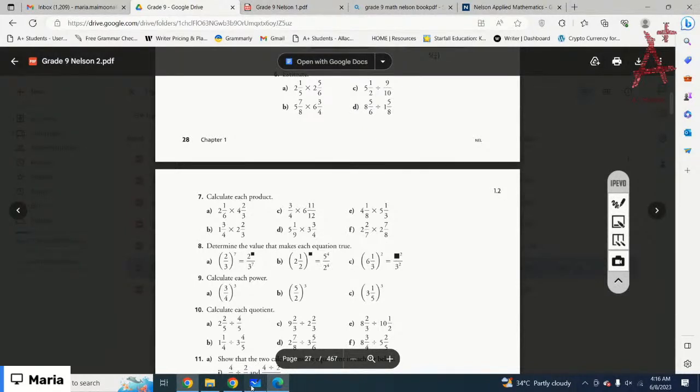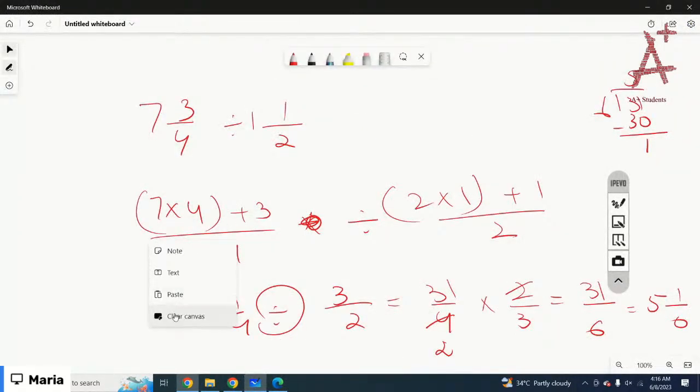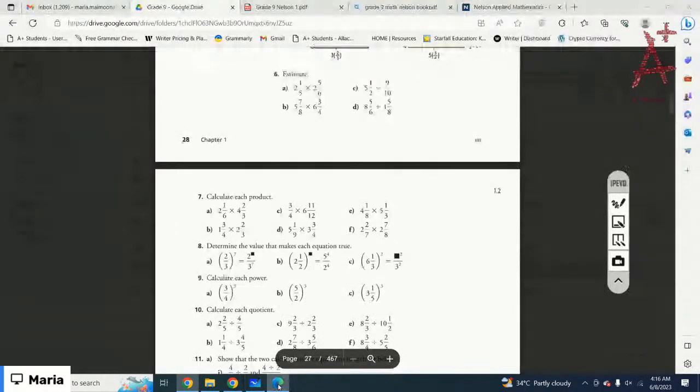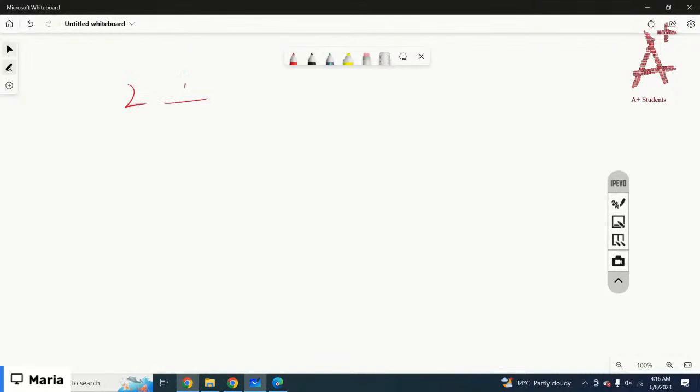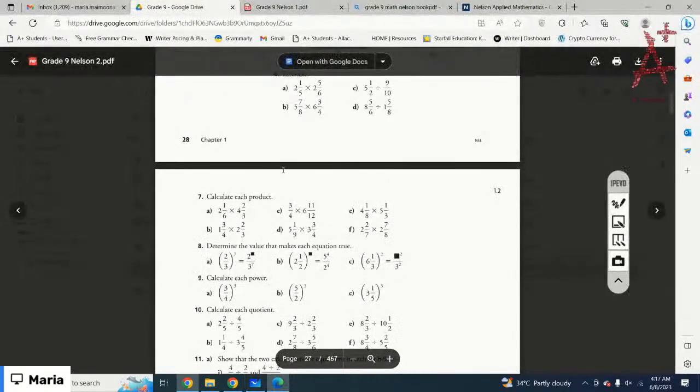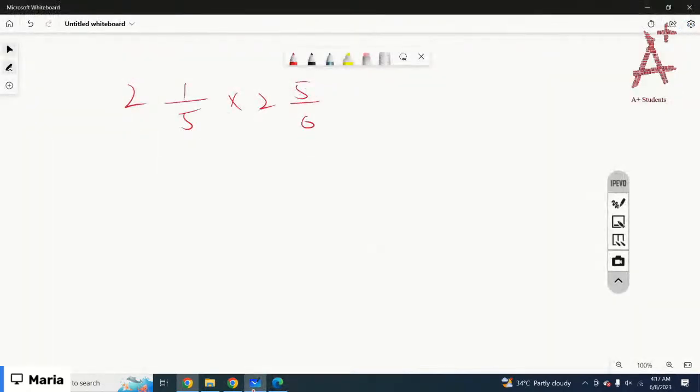2 whole 1 by 5 times 2 whole 5 over 6. Let's convert them into improper fractions.